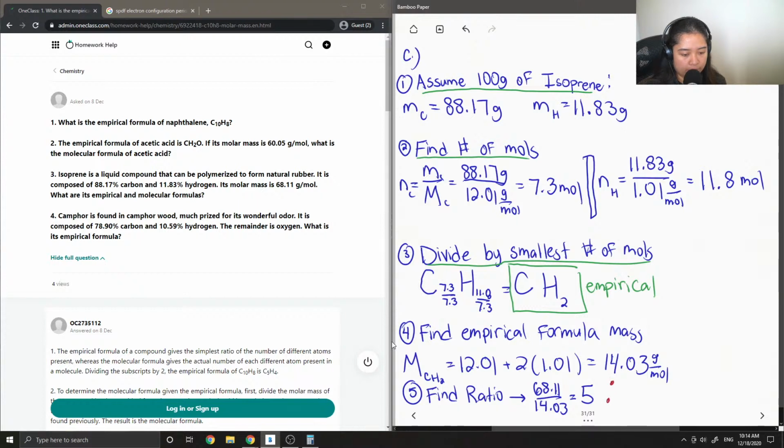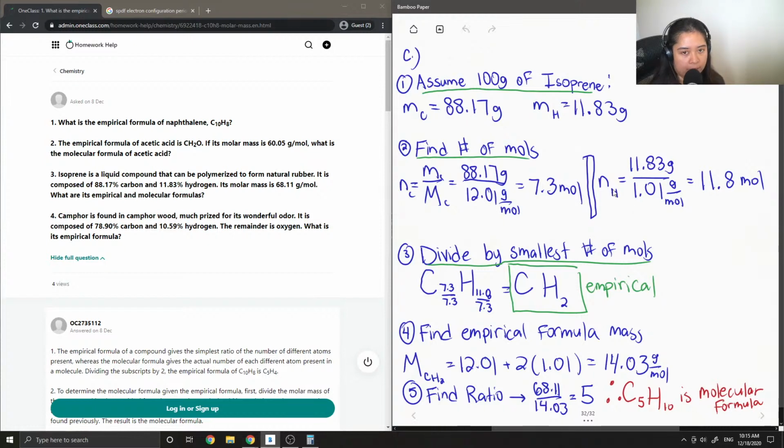So now, if we multiply our empirical formula by 5, we end up with C5H10. Okay, so CH2 was our empirical, and then C5H10 is our molecular.